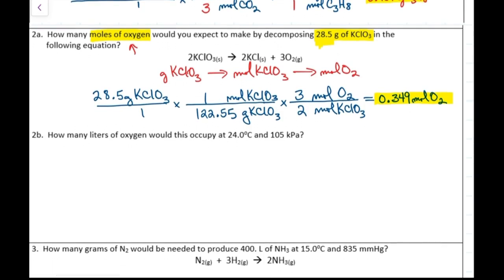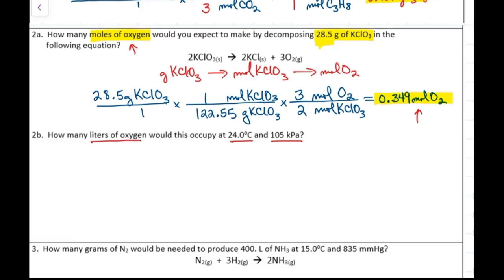How many liters of oxygen would this occupy at 24 degrees Celsius and 105 kPa? So if it's giving you the moles up here, moles of oxygen, and it's asking you for liters of oxygen and giving you the temperature and pressure, then this is just an ideal gas law problem. You have moles, you have temperature, you have pressure, and you want to know how many liters. You want to know the volume.